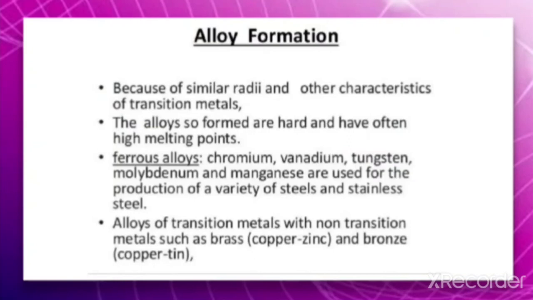Alloys of transition metals with non-transition metals, such as brass and bronze, are also formed. For example, brass is made up of copper and zinc, both transition metals, and bronze is made of copper and tin. These are the alloys formed from transition metals.